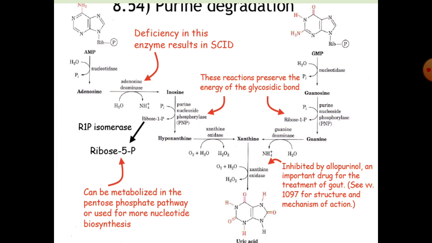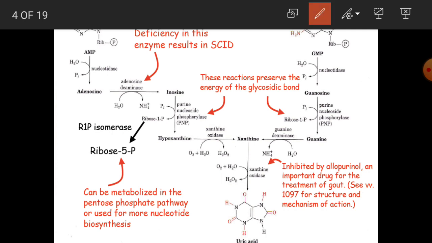So here you can see from one side it is AMP, and in the presence of nucleotidase, hydrolysis of AMP occurs and adenosine is obtained, from which in the presence of the enzyme adenosine deaminase we get inosine. Fine. And then again purine nucleoside phosphorylase will remove the ribose 1-phosphate.